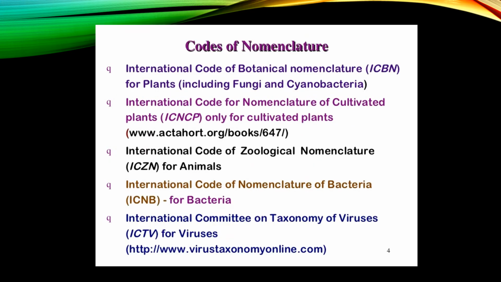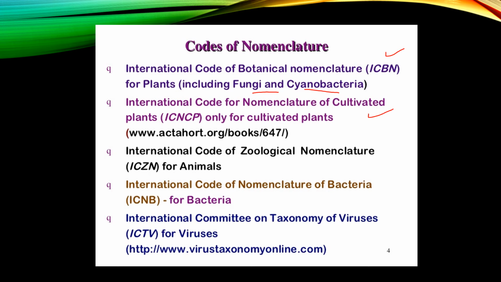What are the codes of nomenclature? The various codes of nomenclature include ICBN, the International Code of Botanical Nomenclature, for plants. It includes fungi as well as cyanobacteria, that is blue-green algae. Then you have ICNCP, the International Code for Nomenclature of Cultivated Plants, only for cultivated plants.